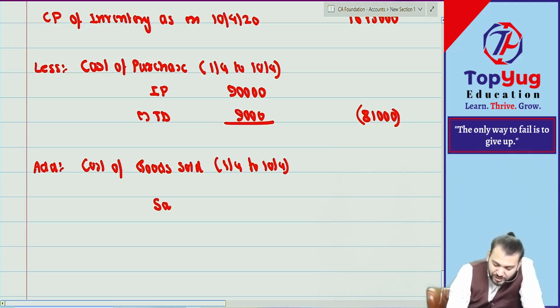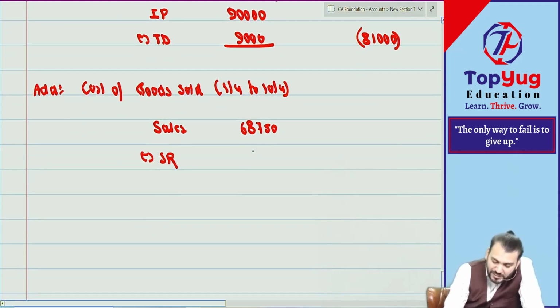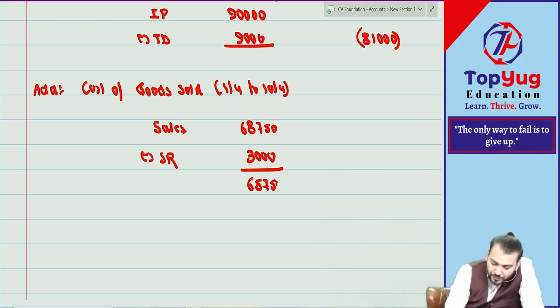How much sales is given during this period? 68,000. And sales return is 3,000. So what is the total net sales? 65,750 is what we will work with. From this what will we deduct? GP.